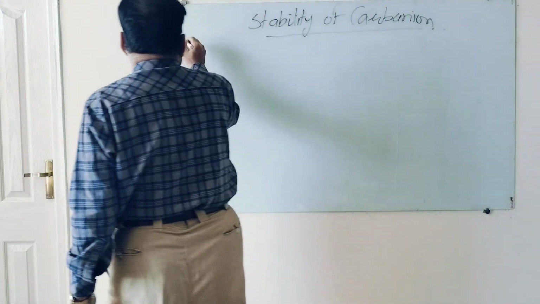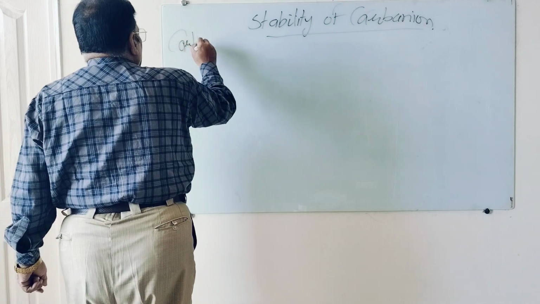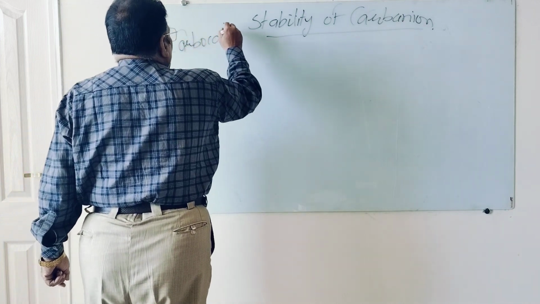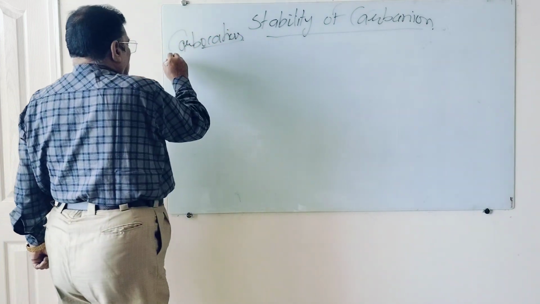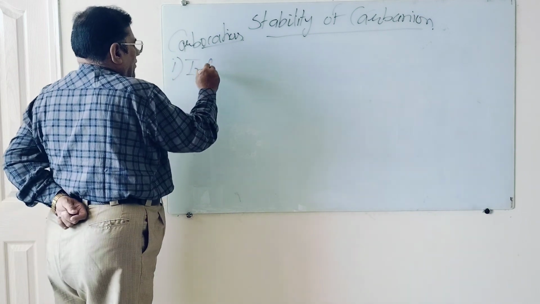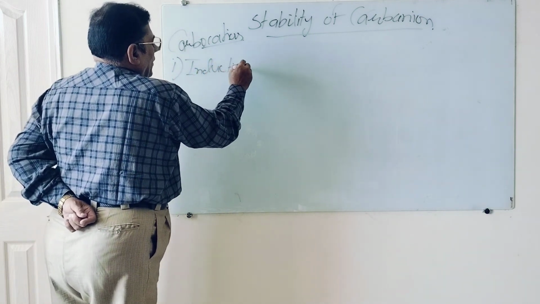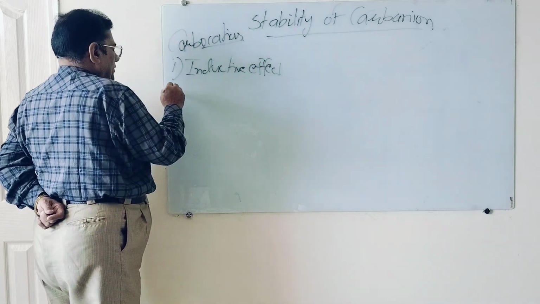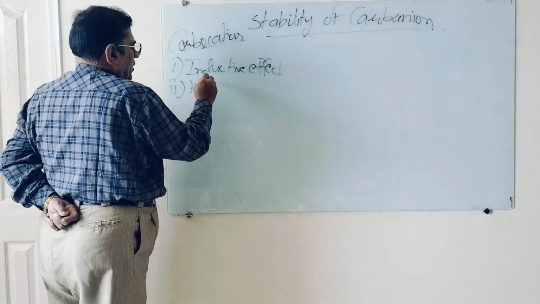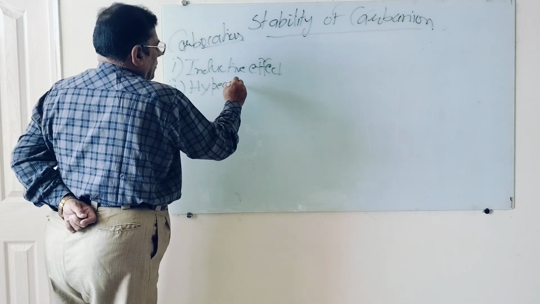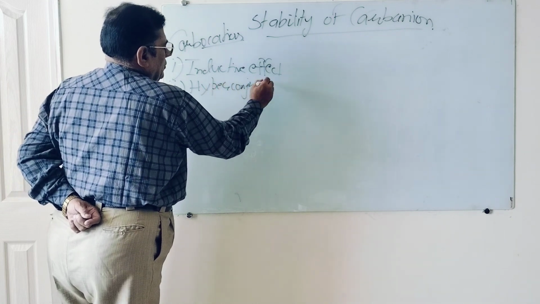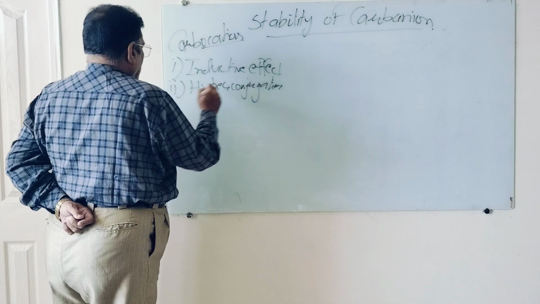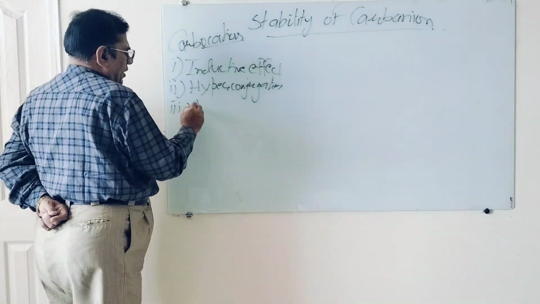I did say earlier, if I talk about the stability of carbocations, I take 3 factors: inductive effect, plus I and minus I; second, hyperconjugation; third, resonance.